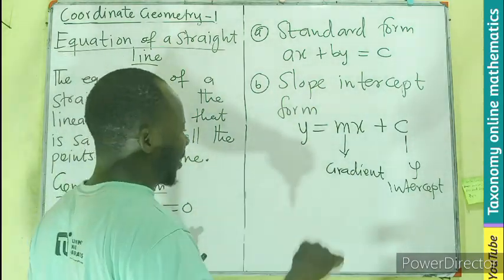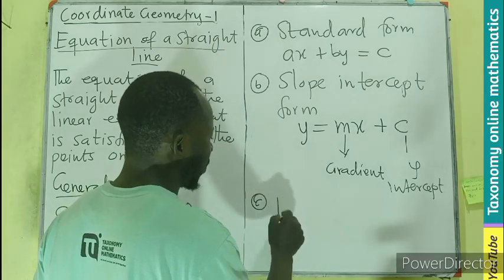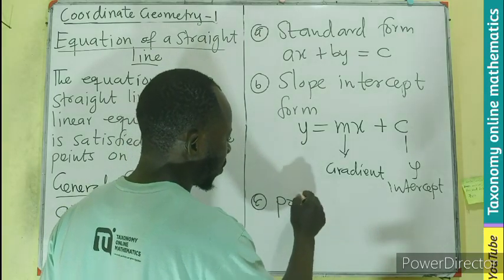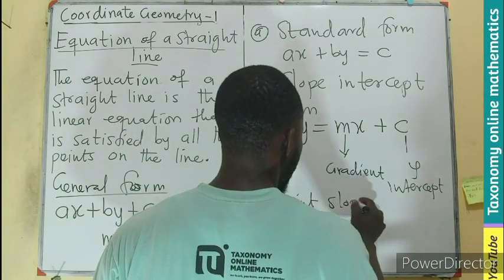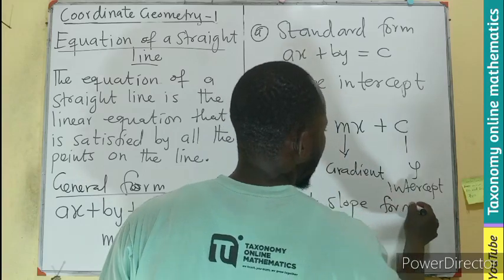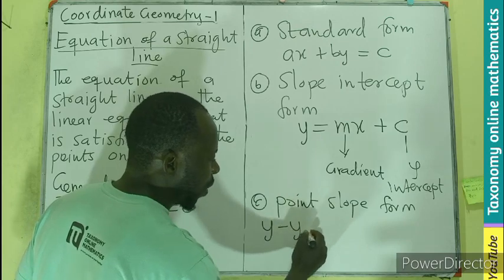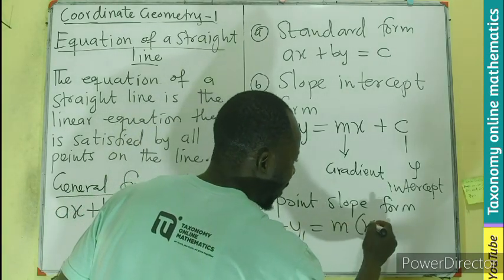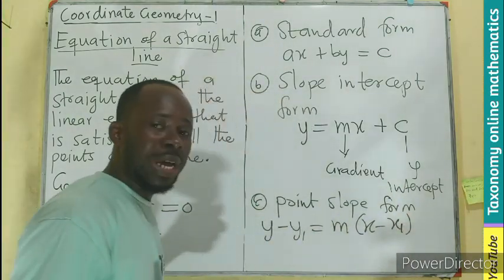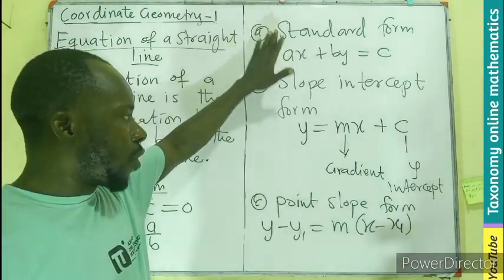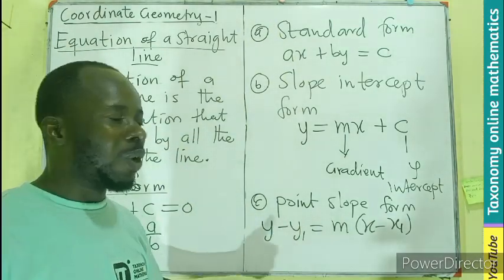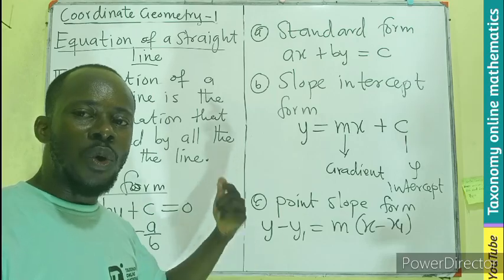We also have the third one, which is the point-slope form, which is y - y1 = m(x - x1). So these are the three various forms into which we can write the equation of a straight line.